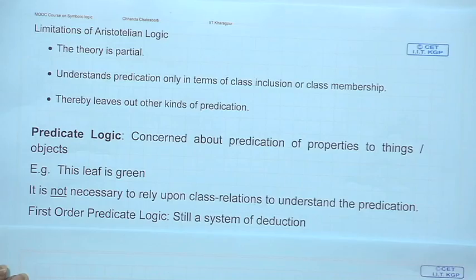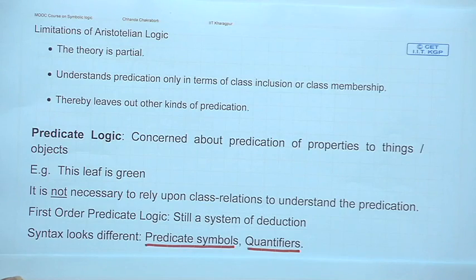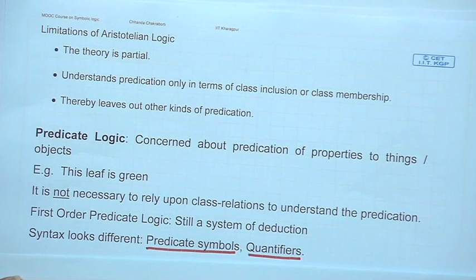But all that said and done, we are still in a deductive system, and we are going to carry everything that we learned in propositional logic and bring it here, but first order predicate logic is going to have its own unique kind of syntax. The symbols are going to look a little different, because apart from the proposition symbols, you are also going to have predicate symbols. Now, this is new. Earlier in propositional logic, you saw only the proposition letters. Now, you are going to see some symbols which are going to be predicate letters also.